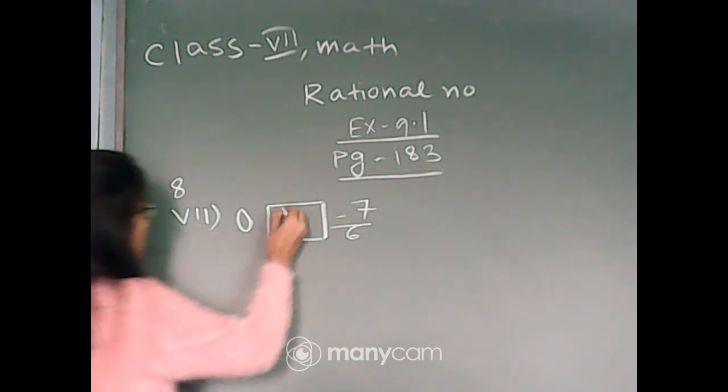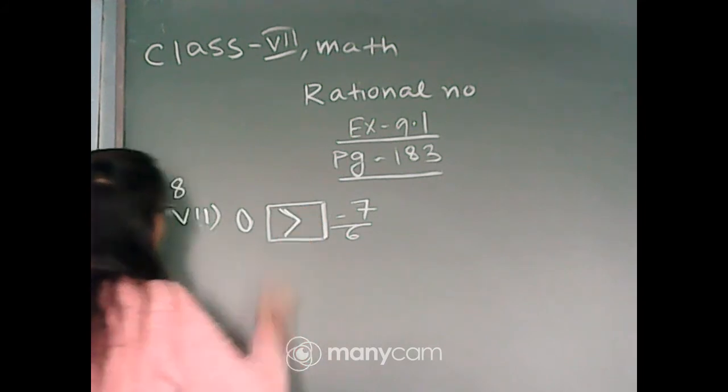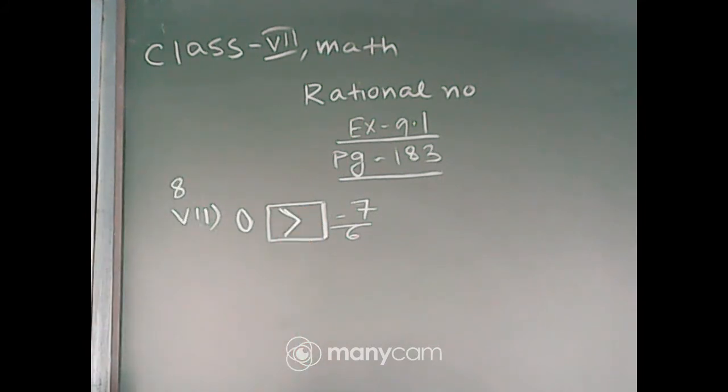So here the sign is greater than, because 0 is greater than minus 7 divided by 6.